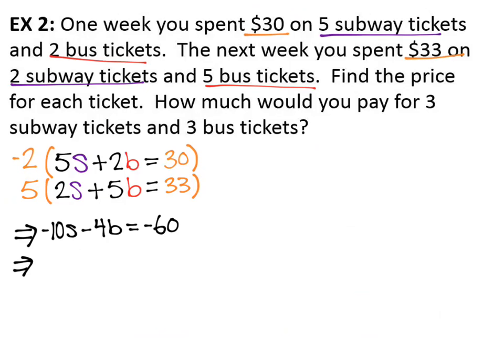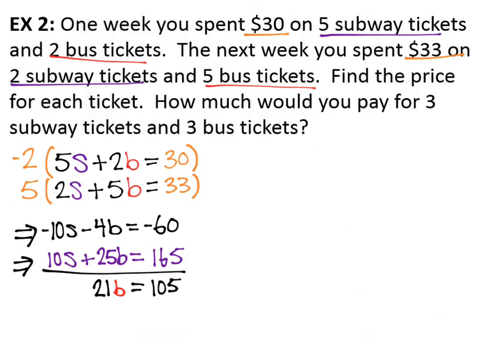Then the next one, 5 times 2 is 10S, 5 times 5 is 25B, and 5 times 33 is 165. Then we're able to eliminate the S, and we have -4 plus 25 equals 21B, -60 plus 165 equals 105, and I divide by 21 to get B equals 5.